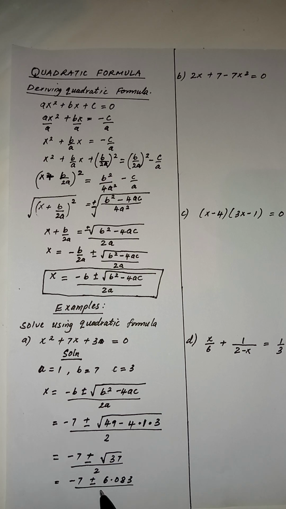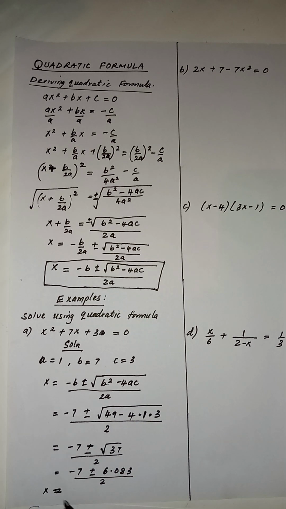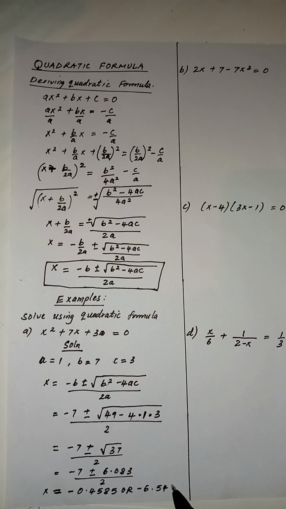So the value of x is equal to minus 7 minus 6.083 divided by 2, which gives us negative 6.5415, or minus 7 plus 6.083 divided by 2, which gives us negative 0.4585.